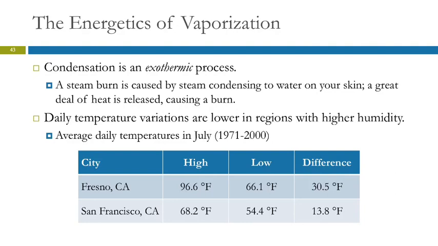Sun goes down, source of heat is gone. The water in the air begins to condense back into the bay. As it condenses, it releases energy. And so San Francisco does not get as hot during the day or as cold during the night. Around here, there's not much water, right? So our temperatures vary a great deal. Any questions?